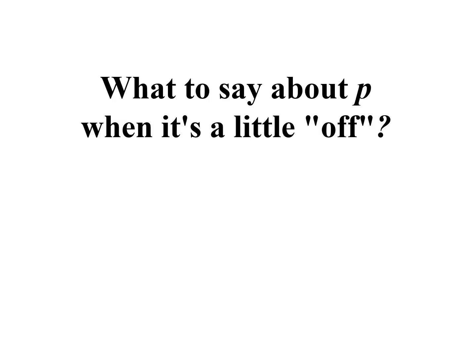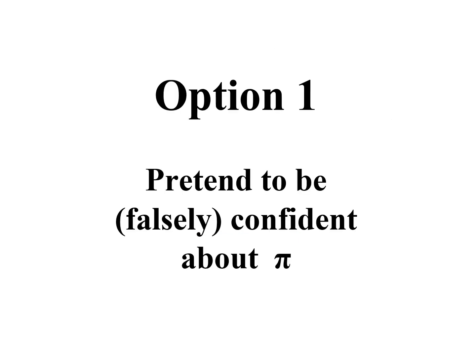Now, if she was to report her findings during the evening news, what should she say about the P value that she found? One option is to pretend to be falsely confident about pi and say something like 53% of voters plan to vote for Green.